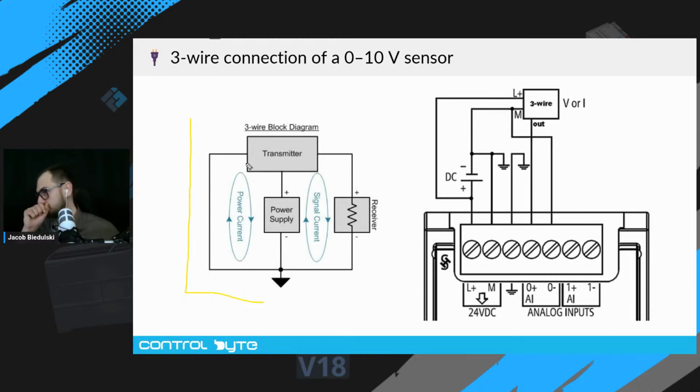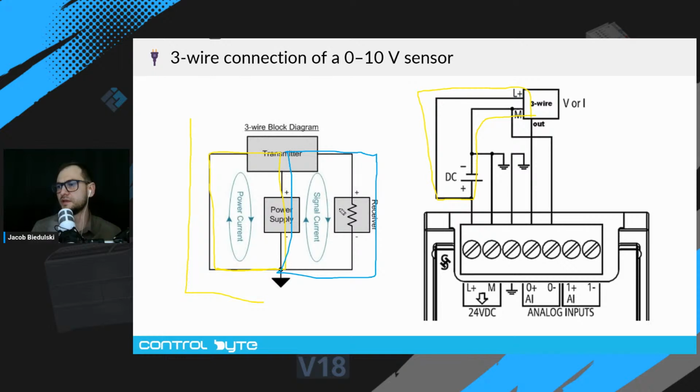The first circuit on the left is the power circuit for the sensor. So here we power the sensor's electronics. And the second loop, the second circuit, is the signal circuit. And the signal circuit on the schematics is right here, okay?